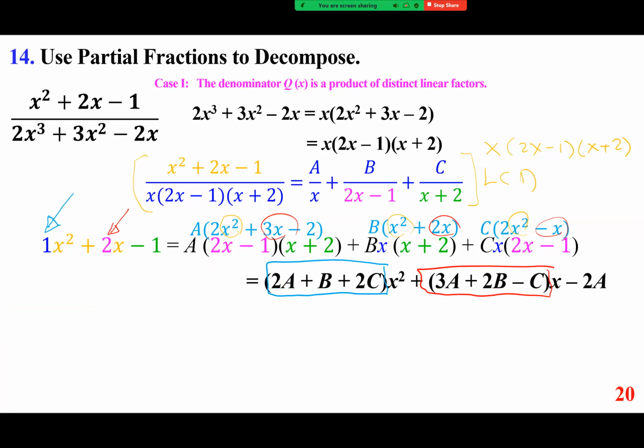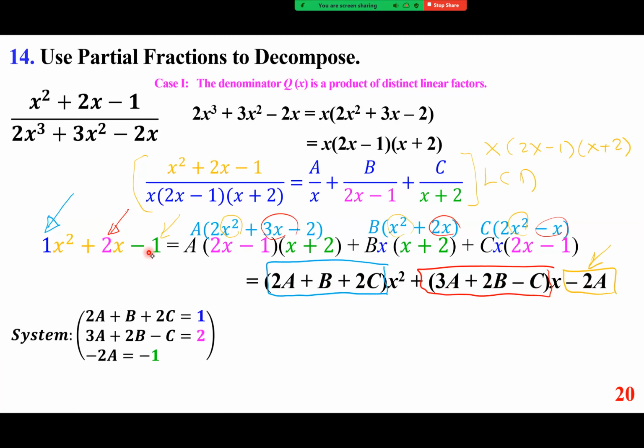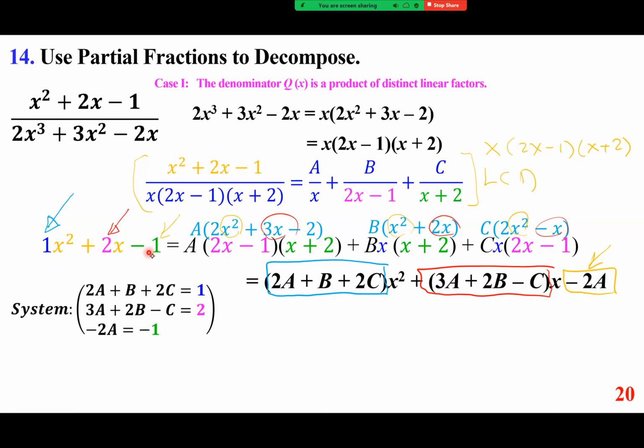And the coefficient of the constant must be negative 1. Therefore, you have a system: 2a plus b plus 2c is 1, 3a plus 2b minus c is positive 2, and minus 2a equals minus 1. This is the system you want to solve, and it's very easy to solve.